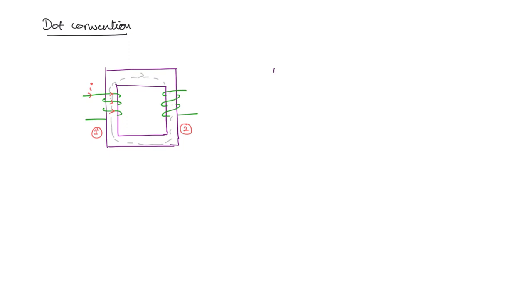We have seen the relation V is equal to N dφ/dt. This is only the magnitude. The polarity is given by Lenz's law. So according to Lenz's law, we have V is equal to minus N dφ/dt. What does the negative sign signify?